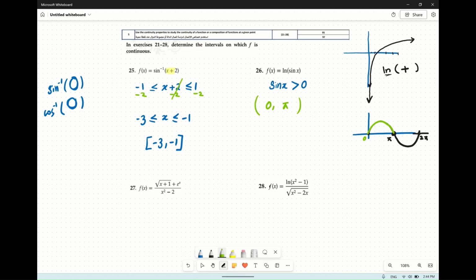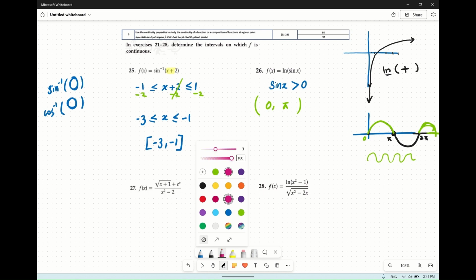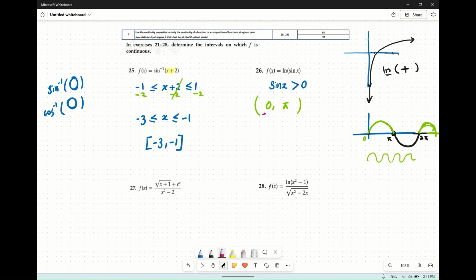Now, is this the only interval? Well, no. Why? Because the sine keeps on oscillating. So it is not only positive between 0 and pi. It can also have another interval where it is also positive. So how will I know the general answer for all the intervals? All you need to do is add 2k pi to both sides.